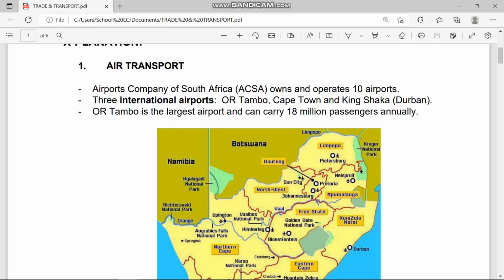That's kind of trading, because when you bought those phones there, you exchanged capital for goods. You gave them money, they gave you phones, and you came back to your country. That's trading, using air flights, using air transport.